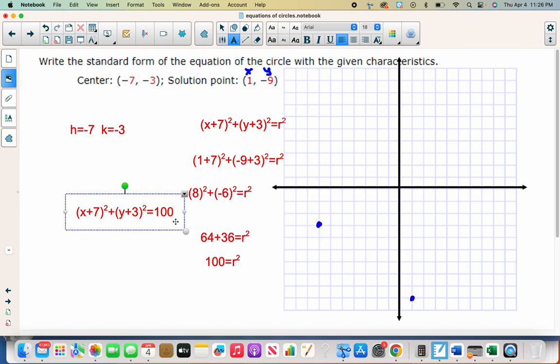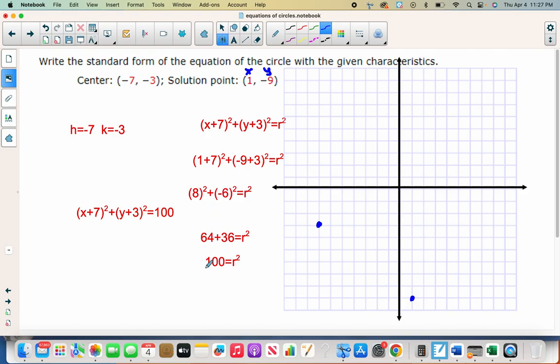The radius is actually the square root of 100, which if we continue to solve, we would get that r equals 100. I mean, sorry, r equals 10, because the square root of 100 is 10. Right?